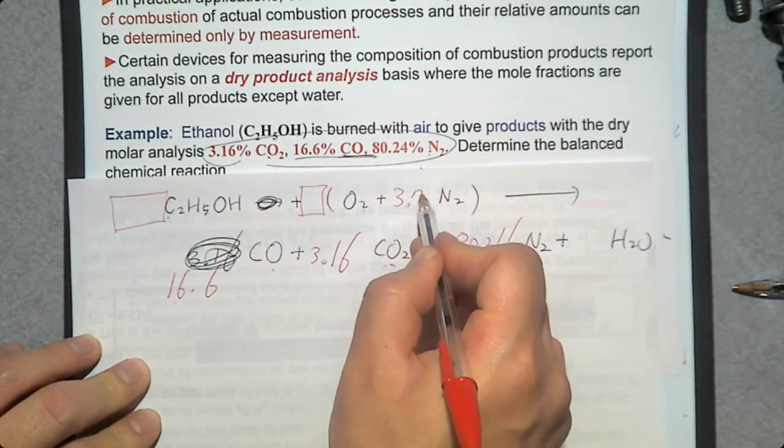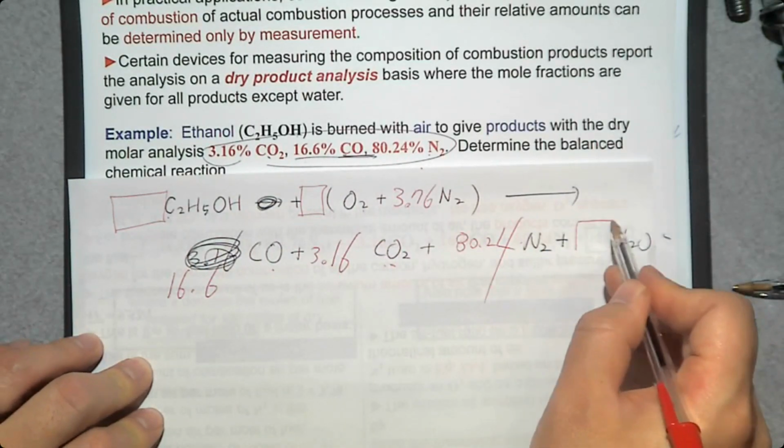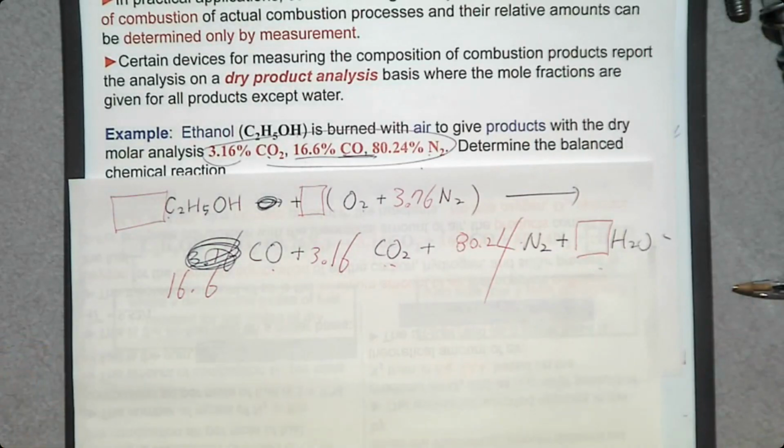We know this one is 3.76, and we don't know how many moles of water. So you need to determine this one, this one, this one. So this is a typical problem you may see in your exam, and this is the first step whenever you want to use the energy balance equation and entropy balance equation, because we need to know these numbers.